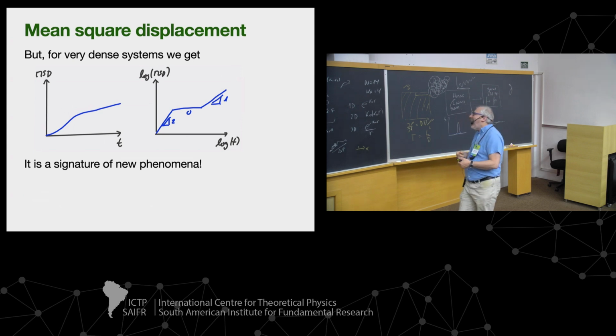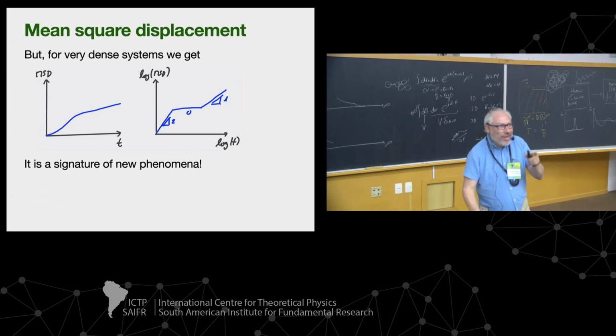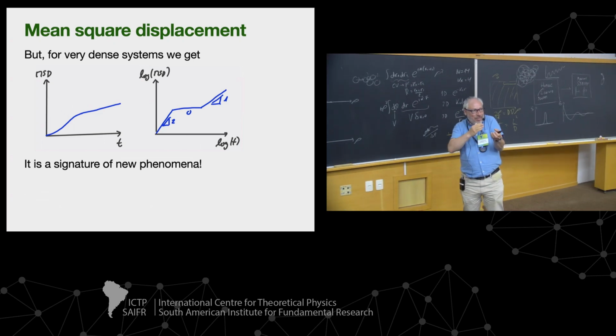Yes. Typically, once you understand the caging time, that is an exponentially distributed caging time, a characteristic caging time, and you have that the escape is exponentially distributed.